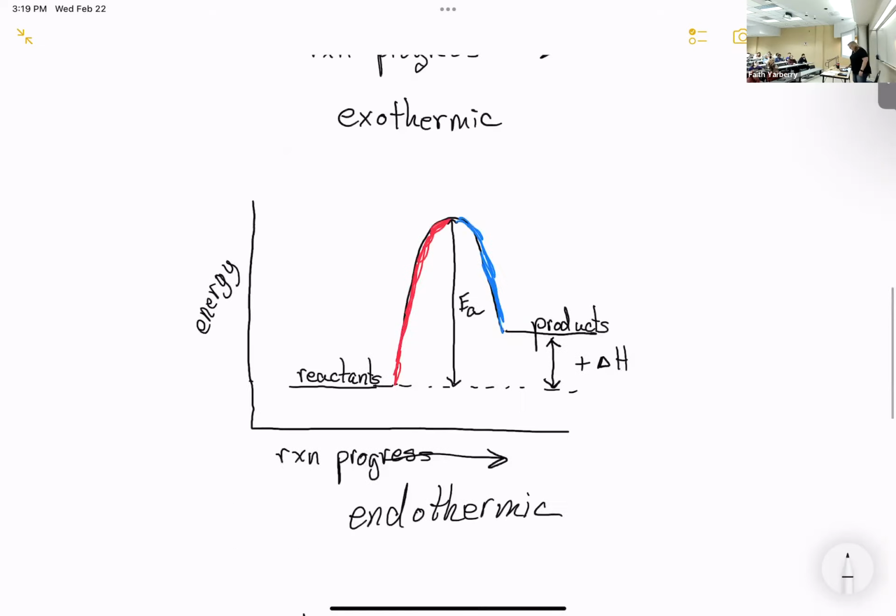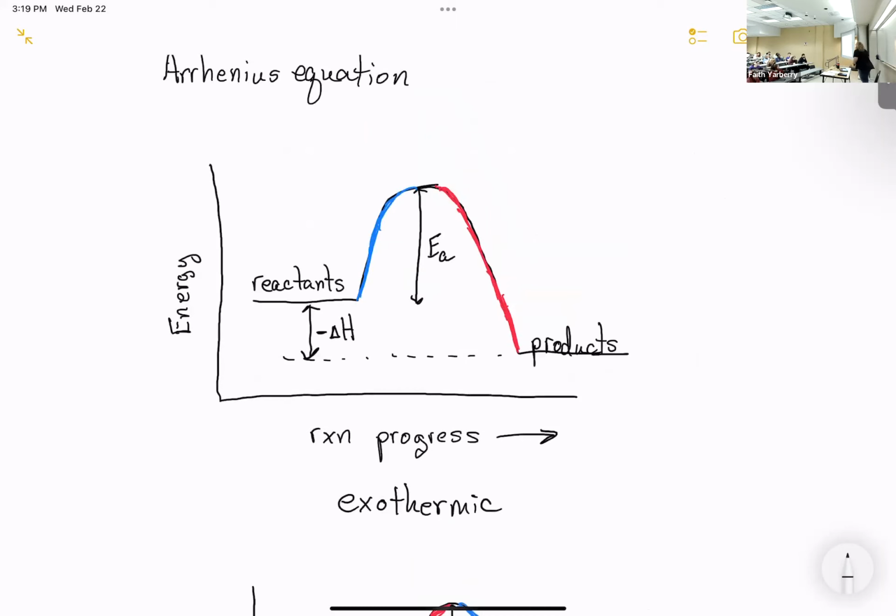Because if we go back to my first diagram, this is an exothermic reaction, but from an energy of activation diagram standpoint, this is not easy. Because it has a very long energy of activation in order for the reaction to occur.